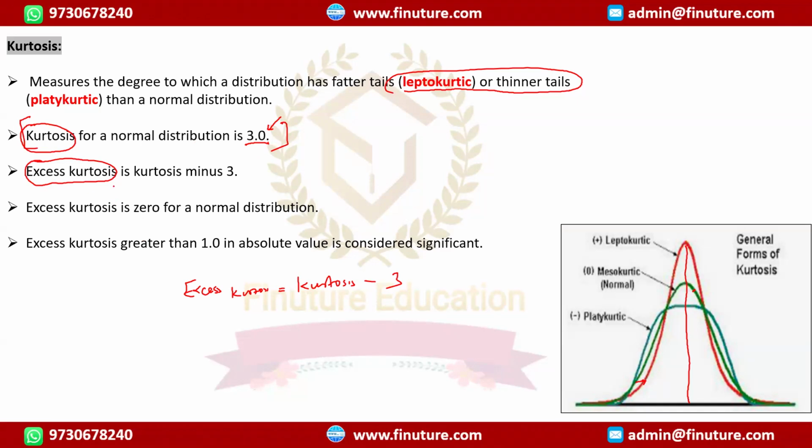So excess kurtosis is kurtosis minus 3, what I just wrote here. For a normal distribution, kurtosis is 3.